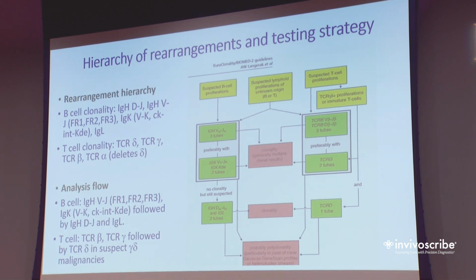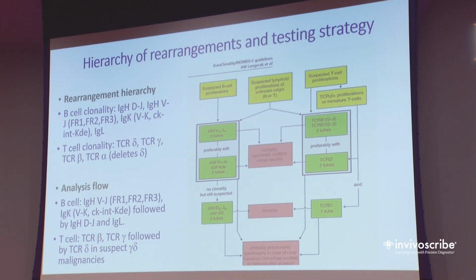So why do we look at 3 different spots in that same heavy chain locus? We're looking at framework 1, 2, and 3, because, as I said, a lot of lymphomas are highly mutated, and a lot of the times you're going to have mutations in some of those framework regions that obviously won't amplify with the primers. So you also can use the kappa gene rearrangements there. There's a 2-tube assay for this.